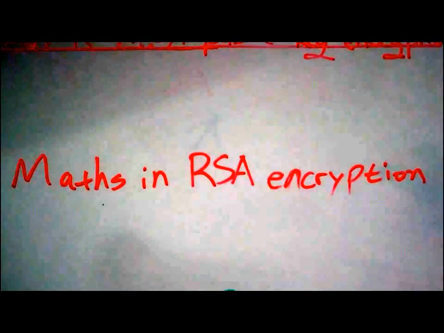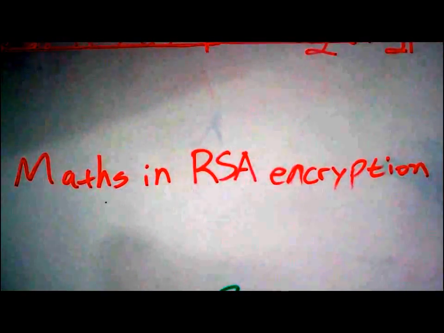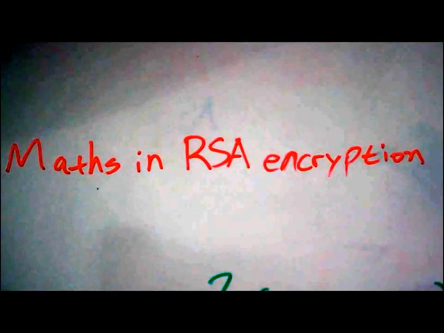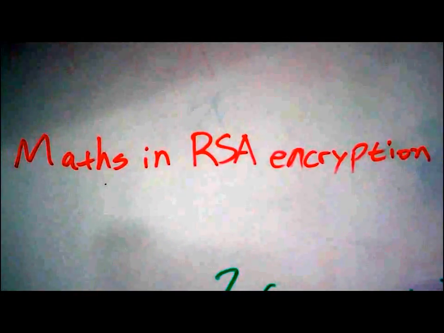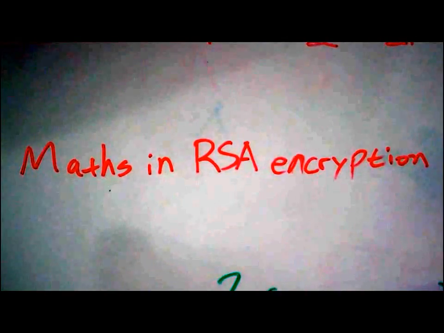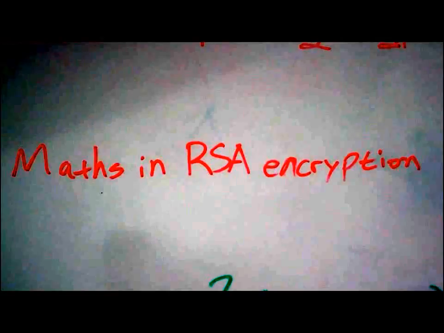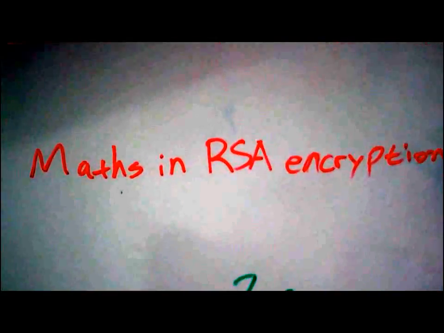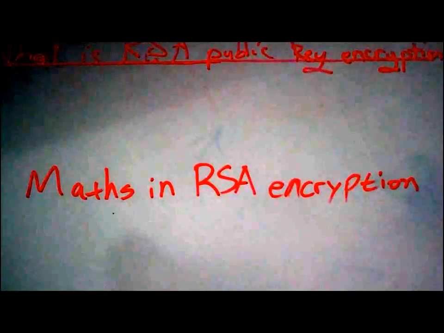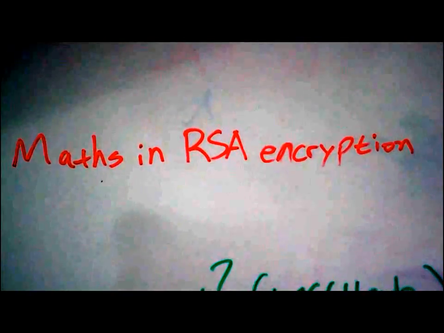So, the use of maths in RSA encryption. Simply, it is an invertible function, as all codes are. If there is a function f(x) which encodes the message, there will be an inverse function f inverse of x, which will decode it.